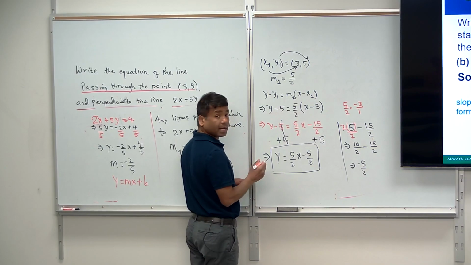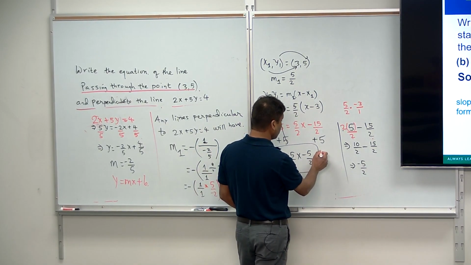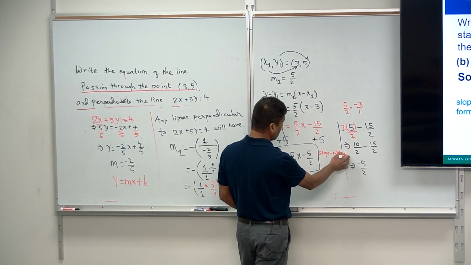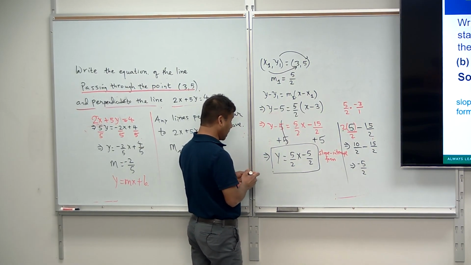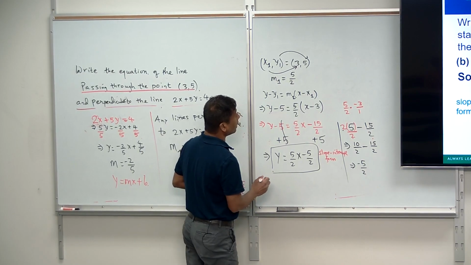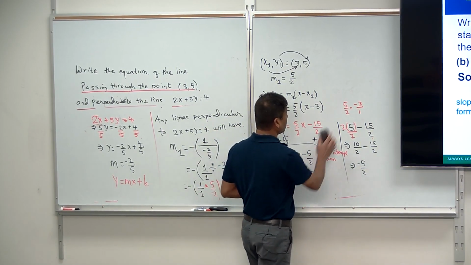Now if you want to find it in standard form, this is slope-intercept form. If you want to find it in standard form, look here.